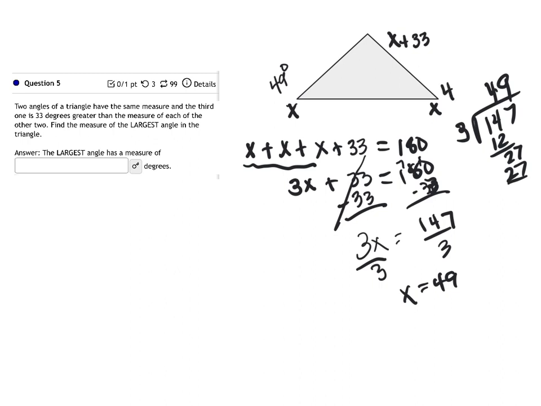This angle right here is 49 degrees. And this one is x plus 33. So that would be 49 plus 33, and that would equal 82. So 82 is the measure of our largest angle. And if you add 82, 49, and 49, you should come up with 180.